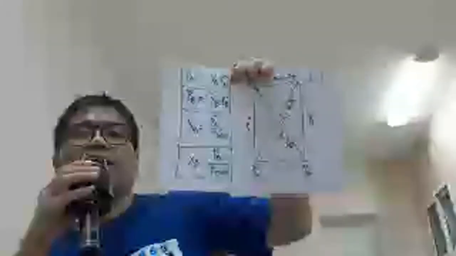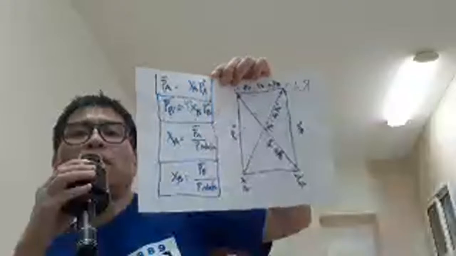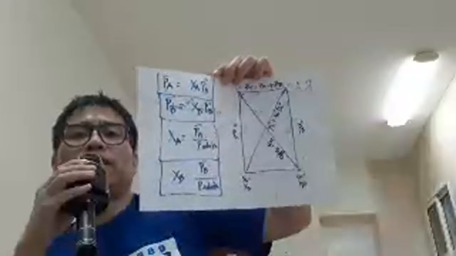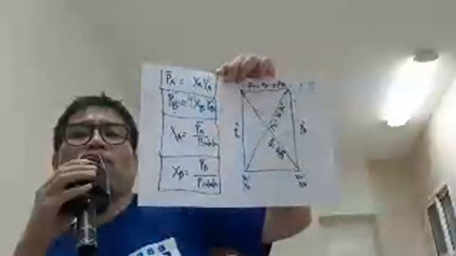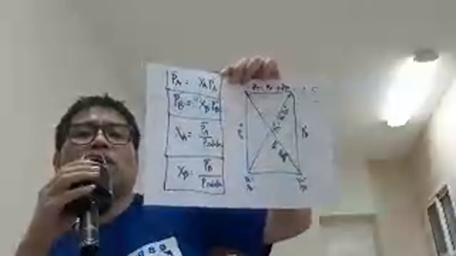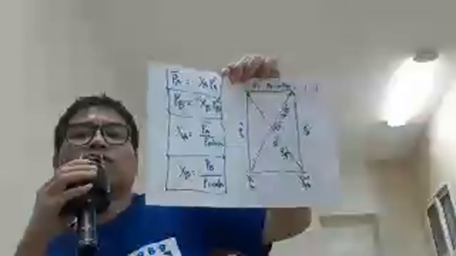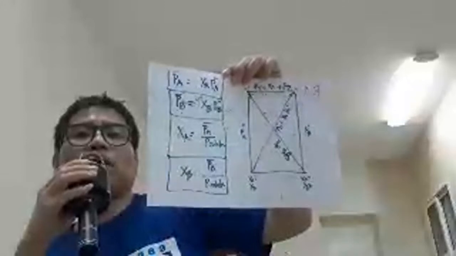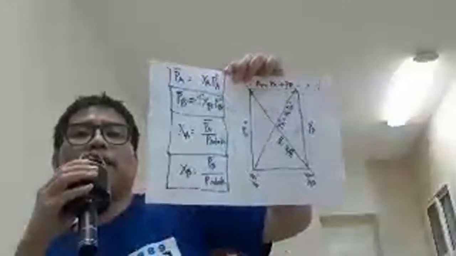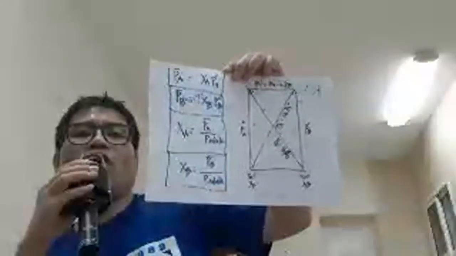The pure vapor pressure is represented as capital P with a small circle above it. The mole fraction of component A is equal to the partial pressure of component A divided by the vapor pressure of the solution, which is the summation or total of the partial pressures of components A and B. Okay, our mole fraction B is equal to the partial pressure B over the vapor pressure of the solution.